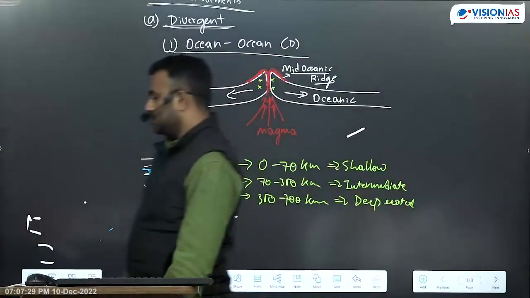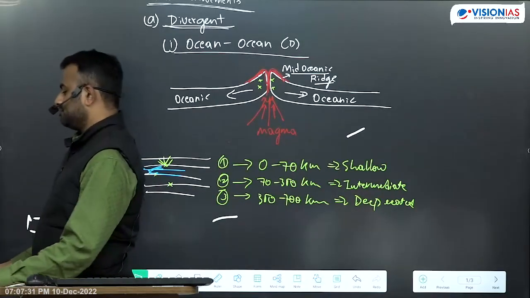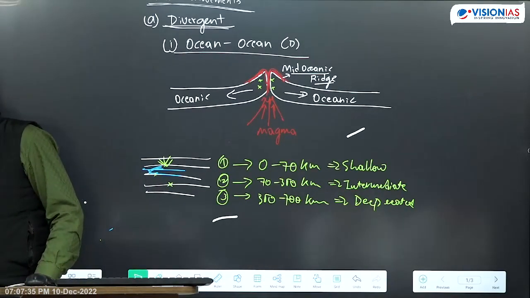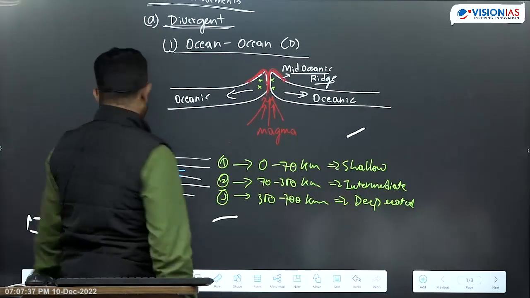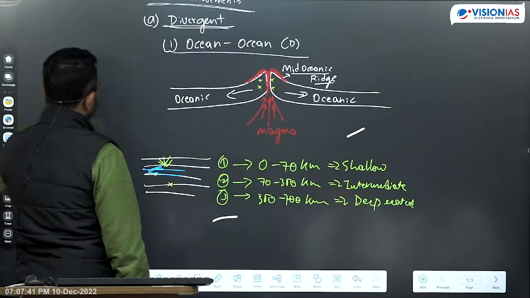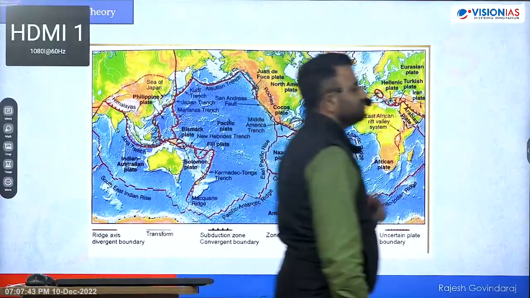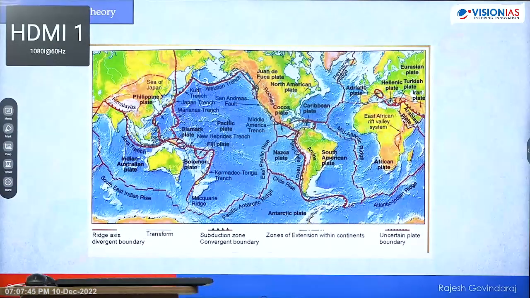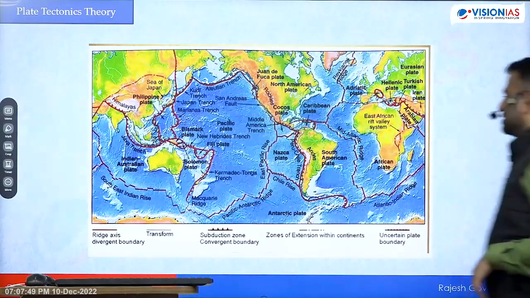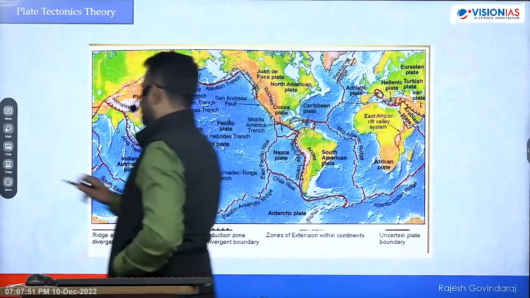So we're discussing divergent plate boundary. The best example of divergent plate boundary is Mid-Atlantic Ridge. So this is Mid-Atlantic Ridge, you can see.